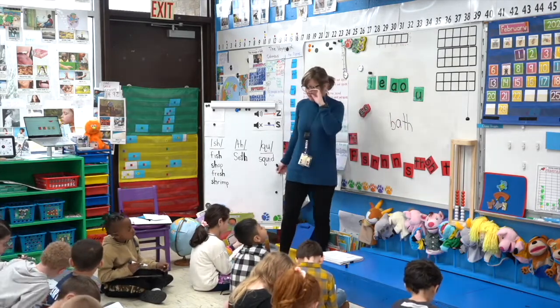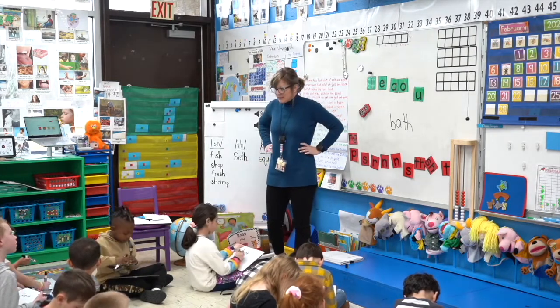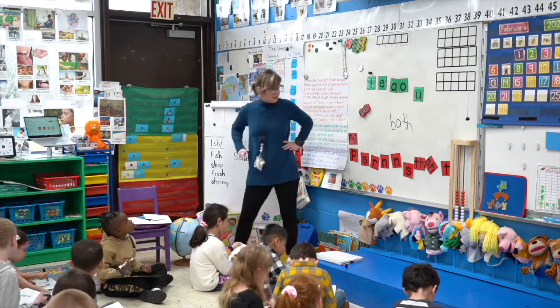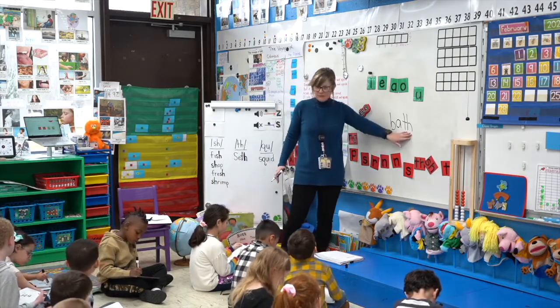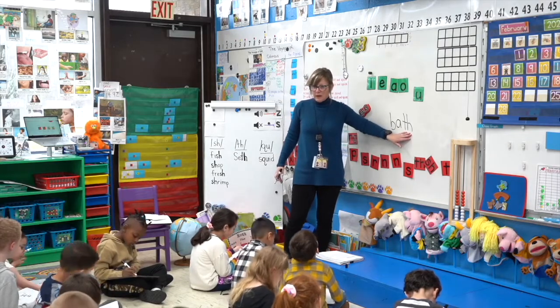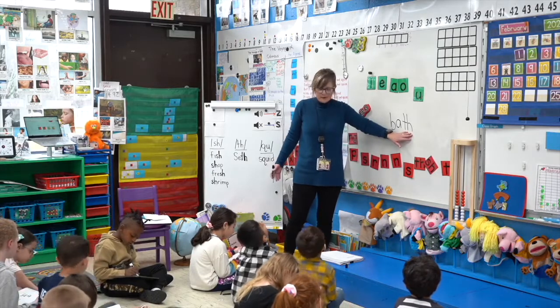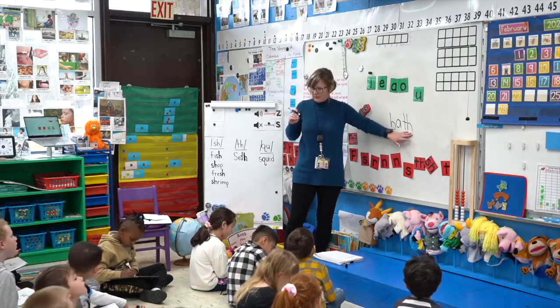So let's do this. Let's say that somebody came in here that does not know CKLA, and they were like, I don't even know what this sound is. How do I know it has two sounds, but how do I know which one it is? What would you say to them? What suggestion would you give somebody if they didn't know?